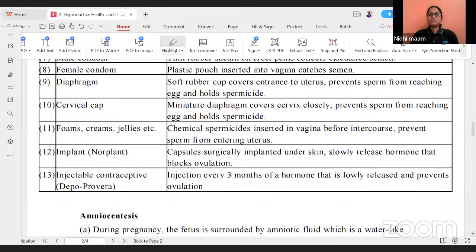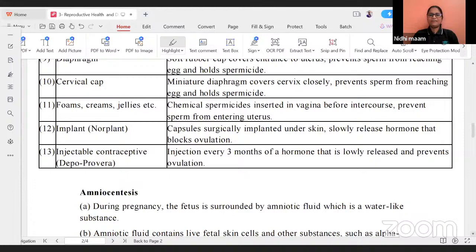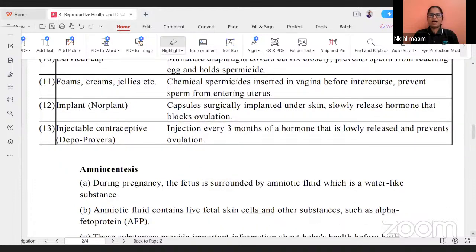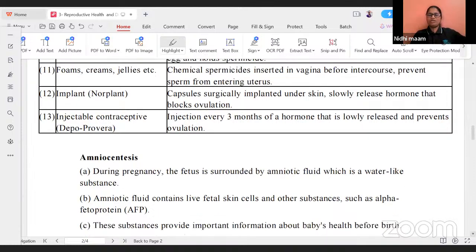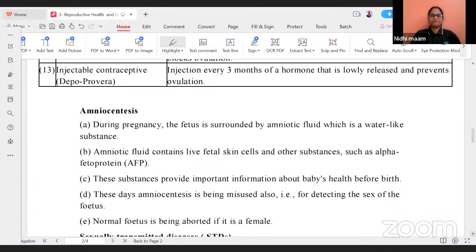Spermicide means a substance which kills sperm. When applied to the vagina, when sperm enter the vagina, these creams, foams, jellies will kill the sperm. Implant, a capsule surgically implanted under the skin, slowly releases the hormones progesterone and estrogen to prevent ovulation. Injectable contraceptive, an injection of a hormone every 3 months. It will not allow ovulation.